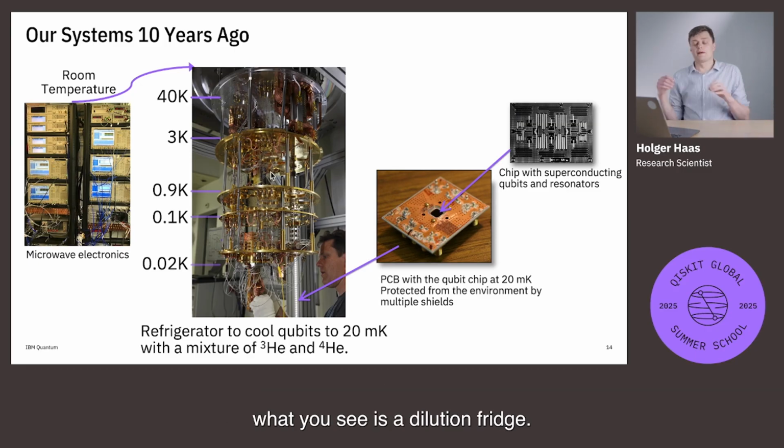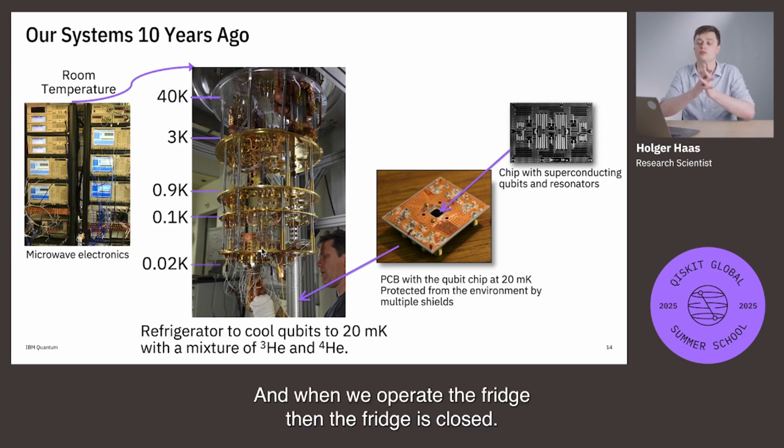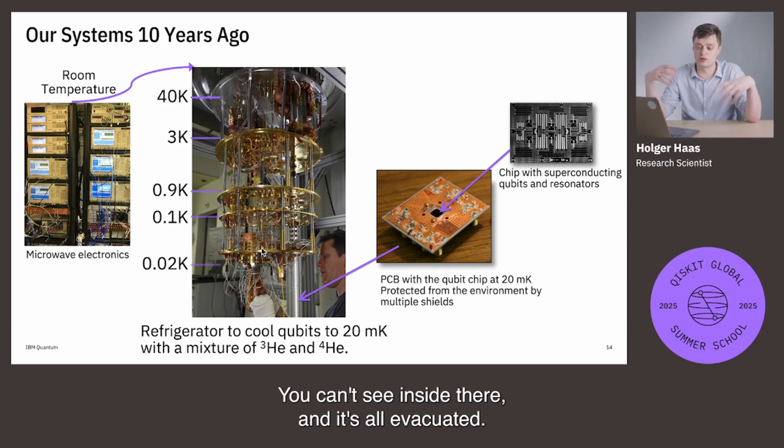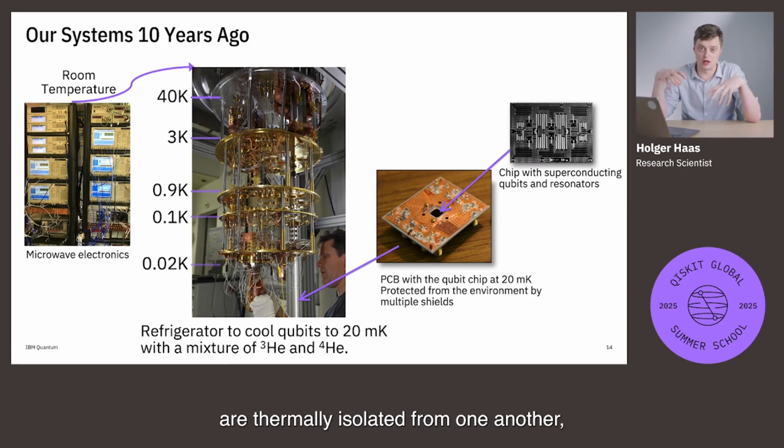In the middle, what you see is a dilution fridge. And the dilution fridge has these various circular plates. These are stages. And when we operate the fridge, then the fridge is closed. You can't see inside there. And it's all evacuated. So then these various circular stages are thermally isolated from one another.